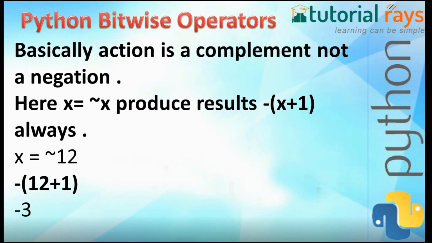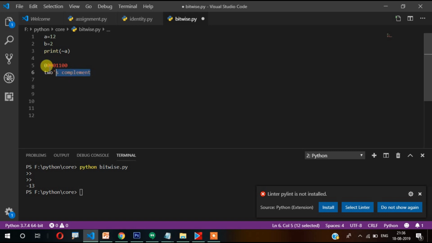So the binary format of this 12 is this one. To find its complement, we will just reverse this number, 1 1 1 1 0 0 1 1, and then again add 1 here.